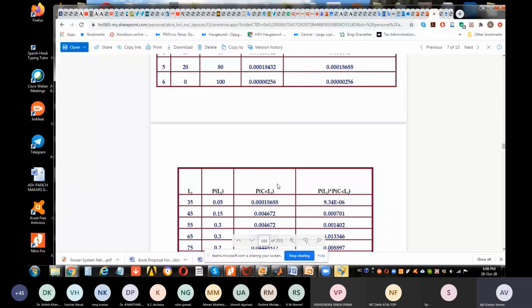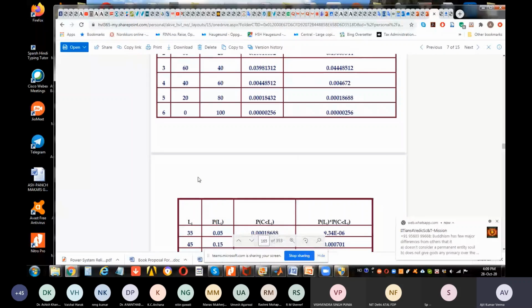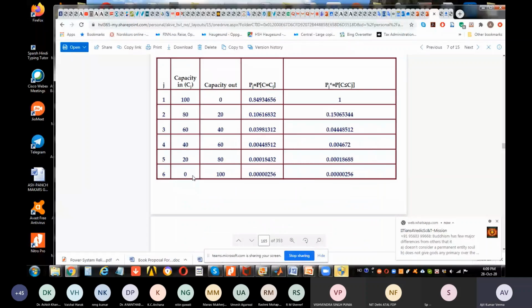The generating state can exist in 0, 20, 40, 60, 80, and 100 megawatt states. So the probability that it can exist in less than 35 megawatt, that means in these states, 0 and 20, you will lose the load. So you have this probability and this probability. If you look at both these states, then this is the collective, cumulative probability. This is how the cumulative probability comes in.